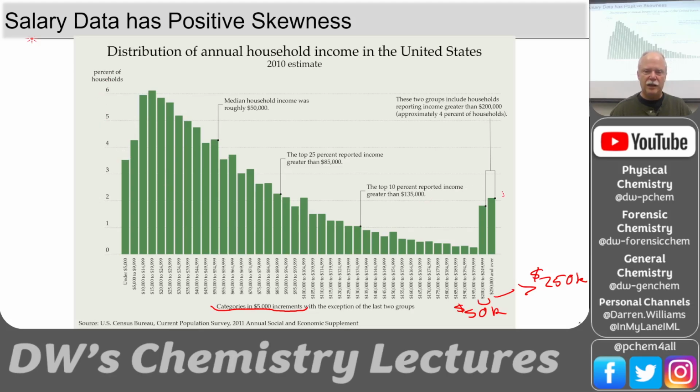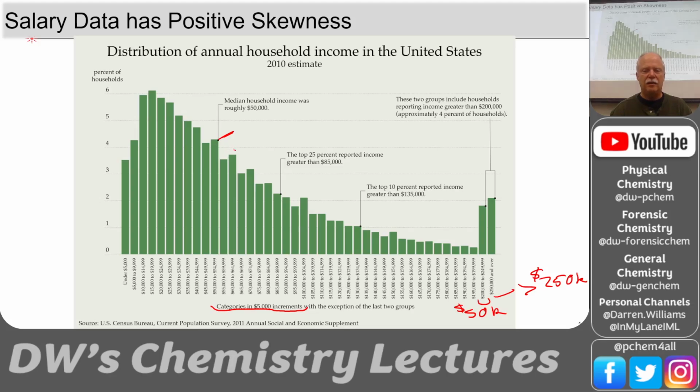So right away we could say, in 2010 their estimate was a little over 2% of households made 250K. Now this is households with maybe multiple earners. That's pretty decent money. But where's the median? This is the median. So the 50th percentile was around $50,000 to $55,000.